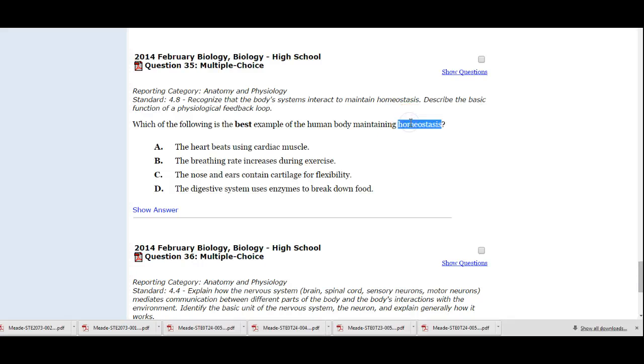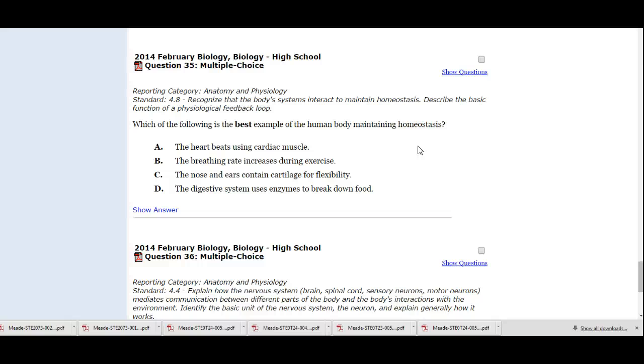Homeostasis. We've been talking about that for a long time too, because in the beginning of the year we talked about it being a basic part of being alive. So which of these is the best example of maintaining homeostasis? The heart beats using cardiac muscle, the breathing rate increases during exercise, the nose and ears contain cartilage for flexibility, the digestive system uses enzymes to break down food.